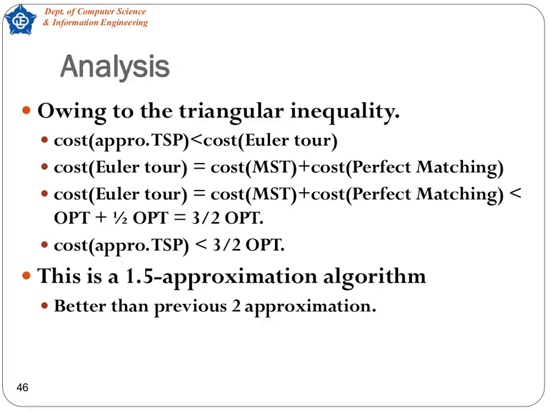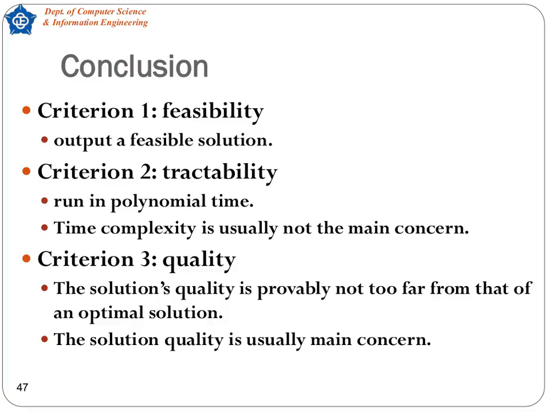Having just seen how our tour stays within a 1.5 approximation of the optimum, let's step back and look at three fundamental criteria for evaluating any algorithm. First, feasibility. The algorithm must always deliver a valid workable solution, no exceptions. Second, tractability.